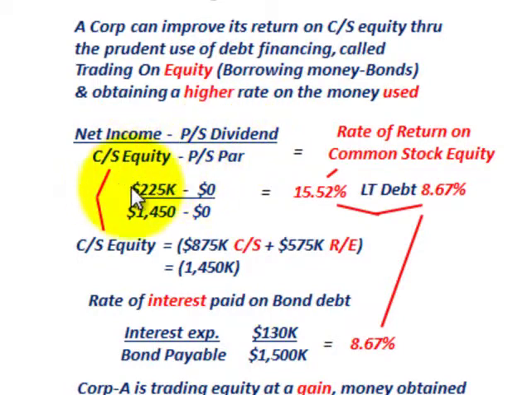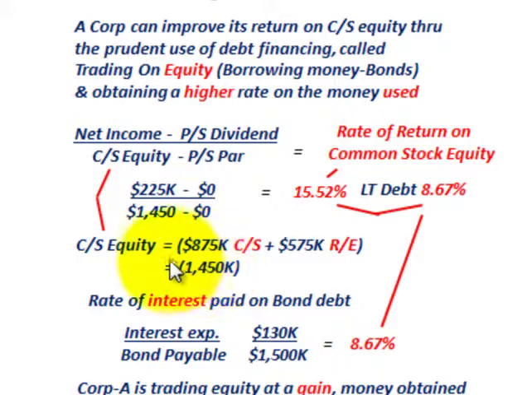Okay, so if we plug our numbers in here, our rate of return on common stock equity, our net income, we had $225,000 for the year, and our common stock equity, well, it's this here. You get $875,000 in your common stock plus $575,000 in your retained earnings.